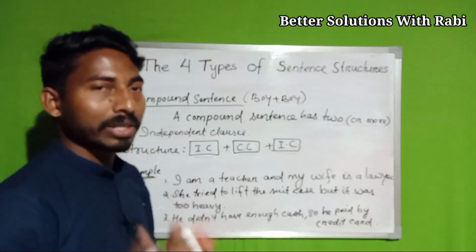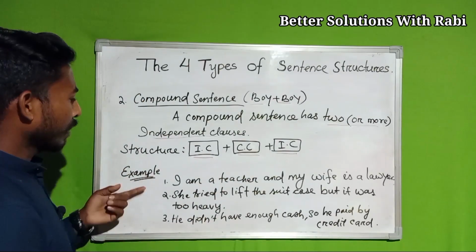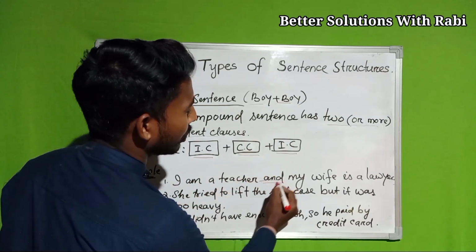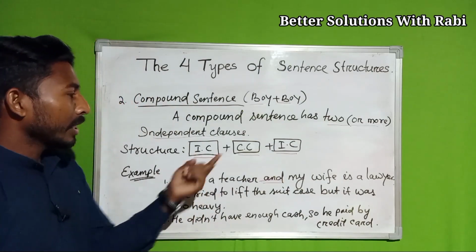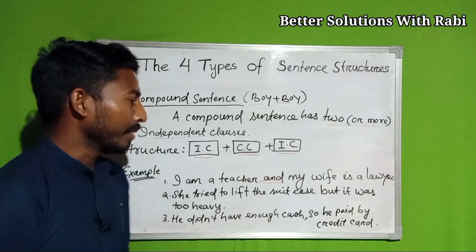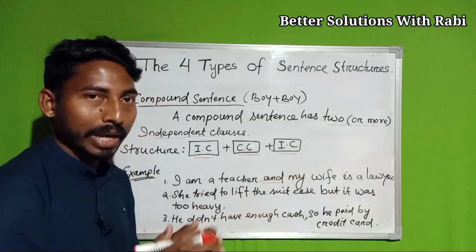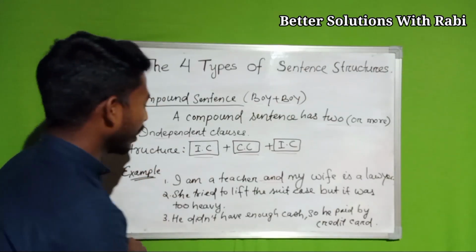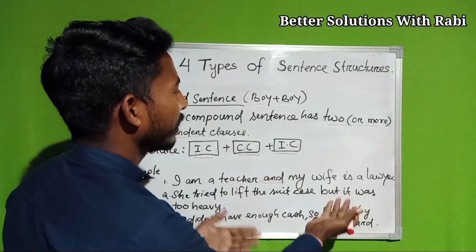Let's see the function of this coordinating conjunction. Example 1: I am a teacher and my wife is a lawyer. Here the coordinating conjunction is conjoining, that means joining the two independent clauses together, making one sentence and giving a complete meaning.